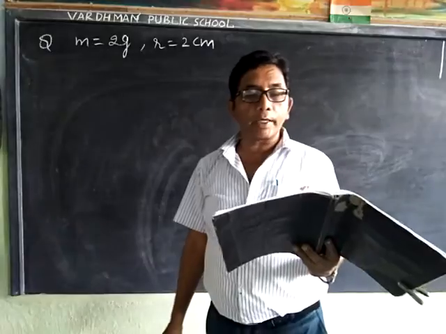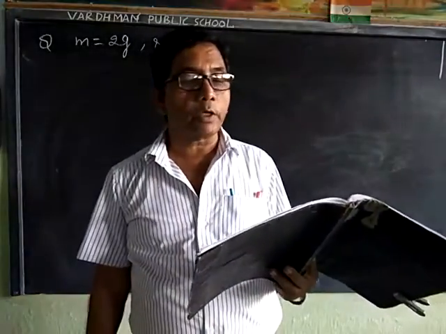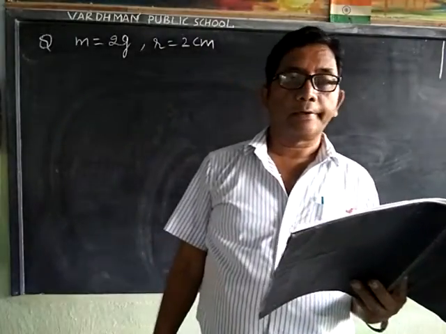First one is about an axis passing through its center and perpendicular to the plane of the ring.